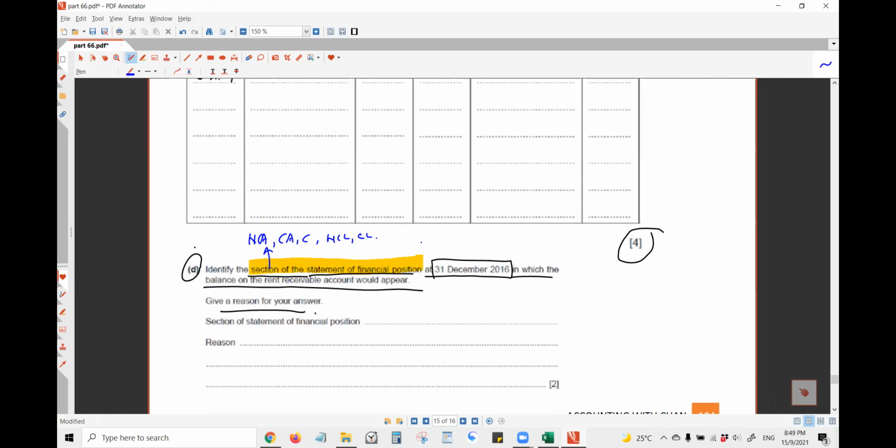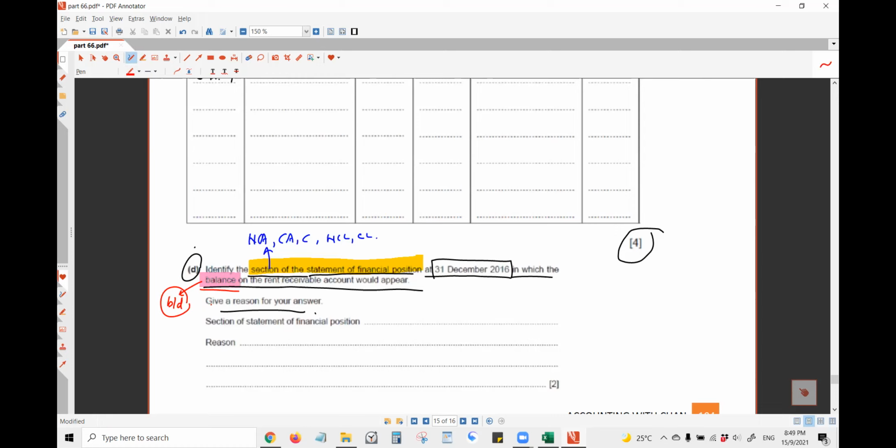And what are they asking you? What will appear in which section? They're asking you where this balance will appear in the SOFP. What is meant by balance? Whenever you see the word balance, it means balance PD. So where will the balance PD amount appear in the SOFP?